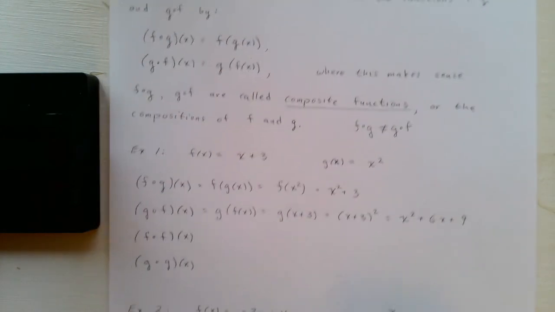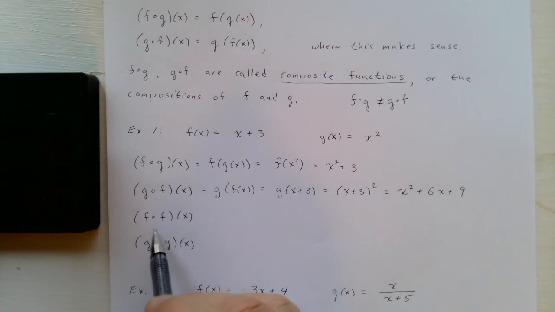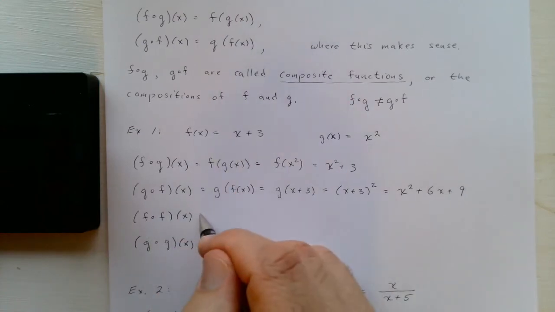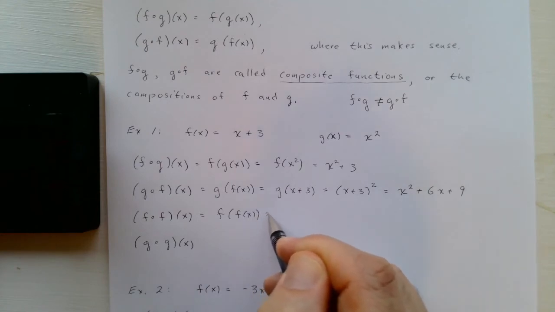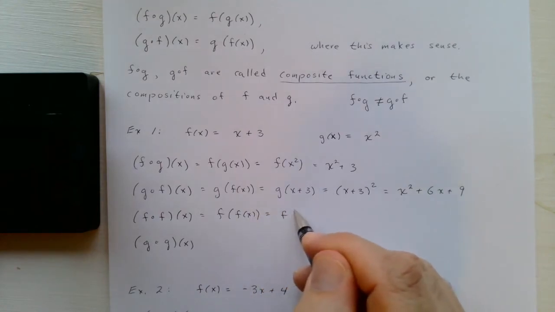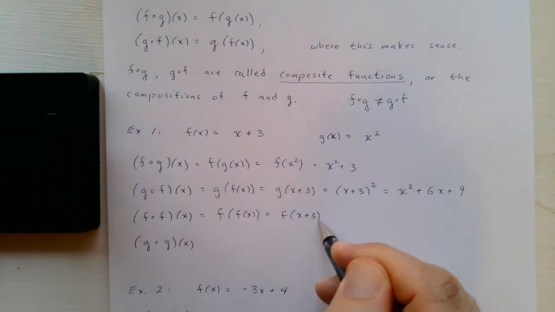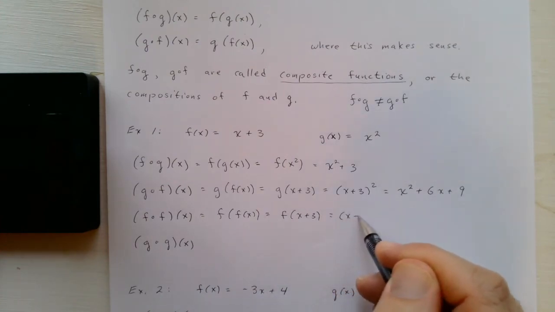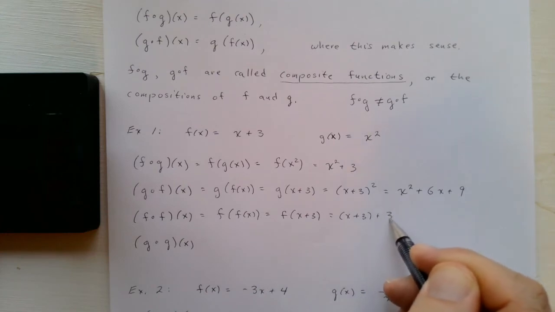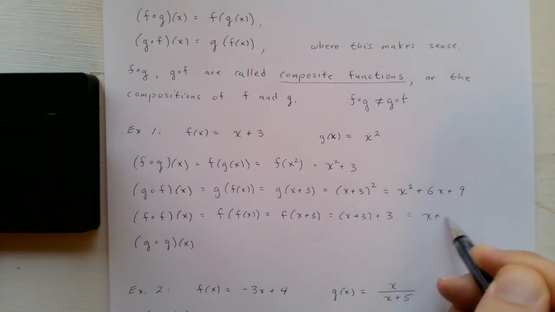We can compose a function with itself. So you take f of x and plug it into itself. This is f of x plus 3. And once again, f takes whatever it's given and adds 3 to it. So this is x plus 6.